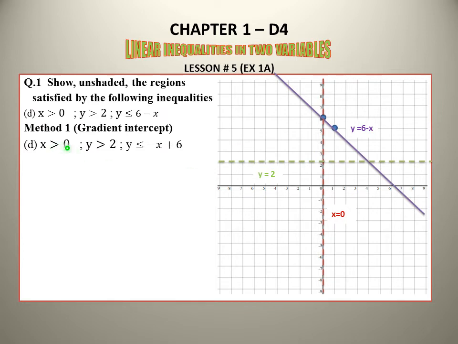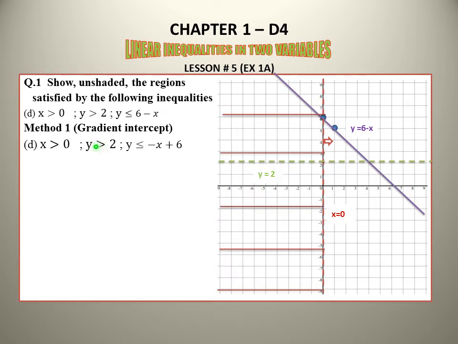Because x greater than 0, all the values which are greater than 0 are on the right hand side of this line. This is the defined region. Because this is the defined region, we will not shade it; we shade the undefined region.